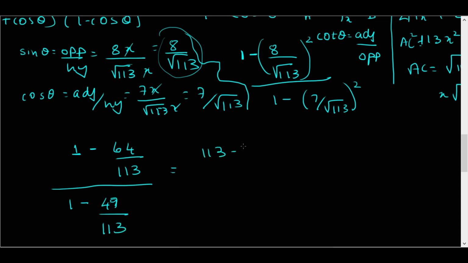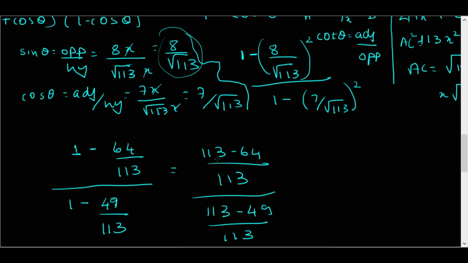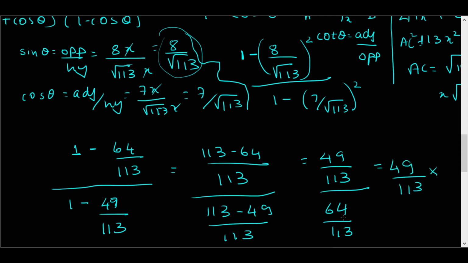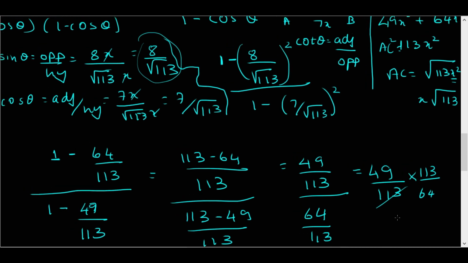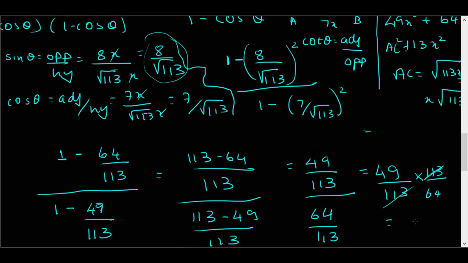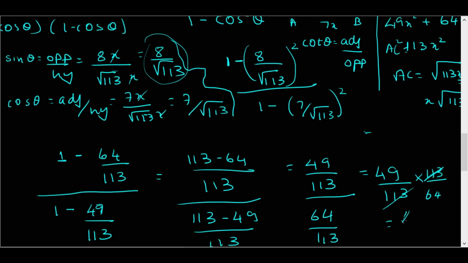This would become (113 minus 64) by 113 by (113 minus 49) by 113. So this would give me 49 by 113 by 64 by 113. Division is inverse multiplication, so 49 by 113 into 113 by 64. So this gets cancelled and what I have left is 49 by 64.